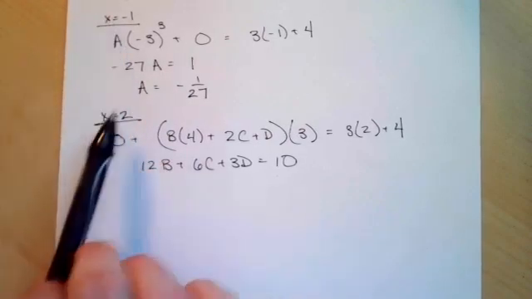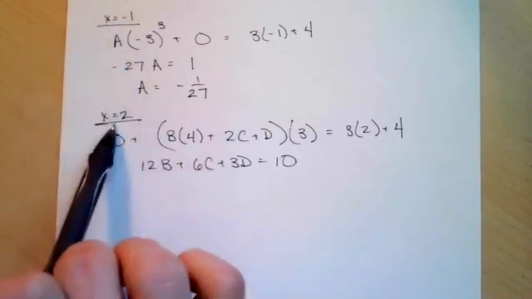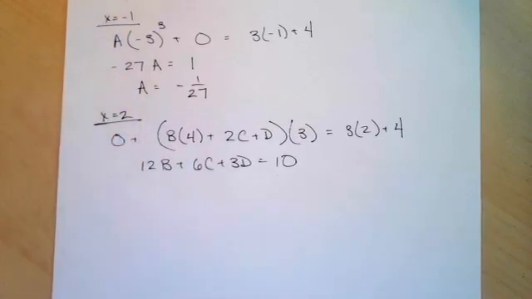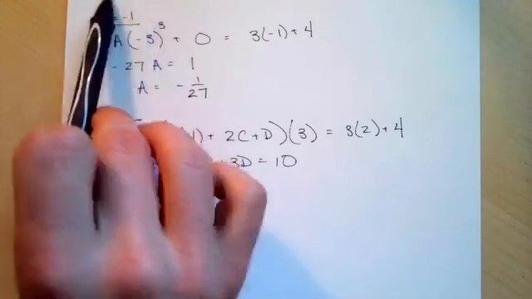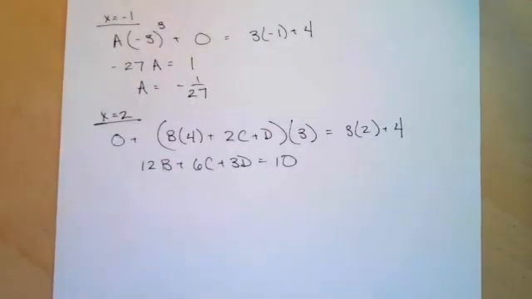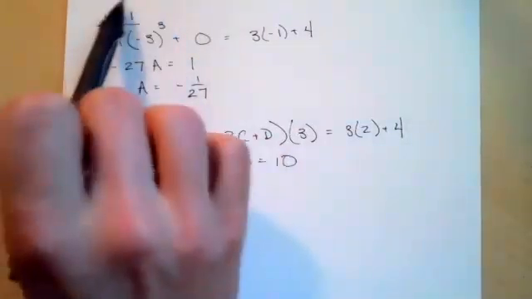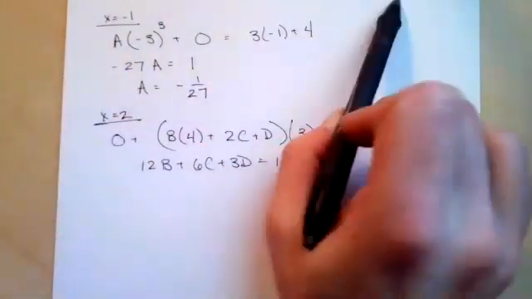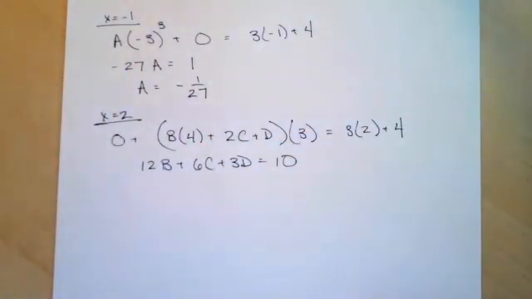So as I mentioned, this technique of choosing x values is kind of a slick technique to recognize how we can reduce and get rid of some of the variables. But the biggest principle is the fact that when I have an equation of polynomials, two polynomials have to be equal for every single value of x.